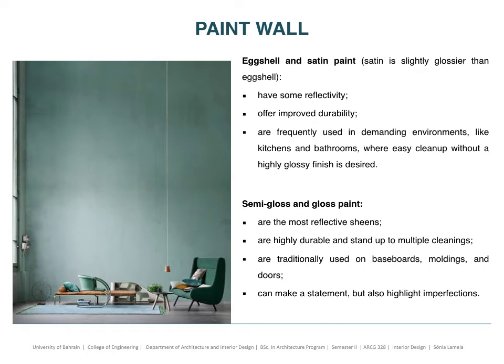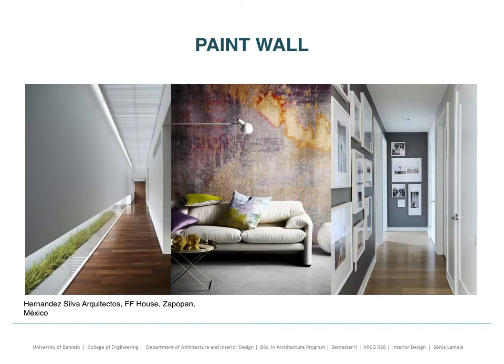We can see here some pictures on the side. We have a couple more examples. If you link this with the lecture that we had about colors, about making spaces look larger, smaller, longer, shorter, higher, you can play with people's behavior if you understand color psychology, and then link it when you make the decision of applying color in your project.